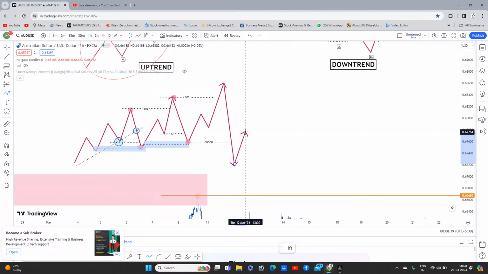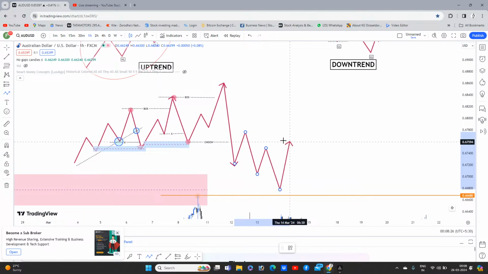We map the structure in the same way. We see that the market makes a pullback like this, and when the market takes the very first pullback, listen to me very carefully, the market may tap here, or here. We'll learn this in a later part of the video.